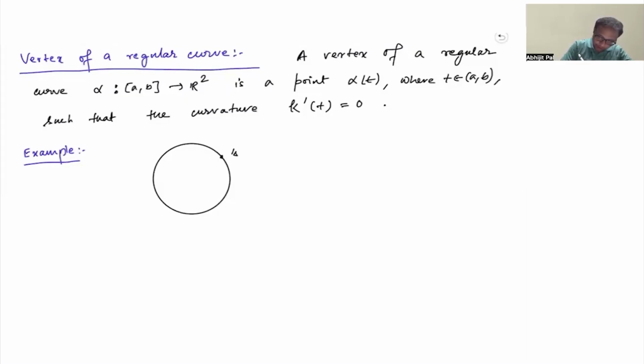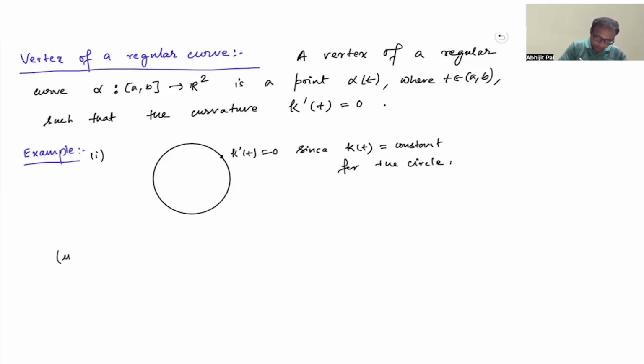So k prime of t is equal to 0 here, since k of t is constant for the circle. This is example 1.